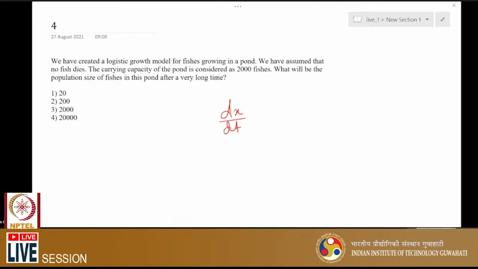Suppose x is the population size, then dx/dt equals some rate constant k times x divided by C, where C is the carrying capacity, into x, something like that if I remember correctly. Otherwise, this is the logistic function, I can write it. There should be no negative term or any other term afterward because there is no death. Now C is given as 2000.